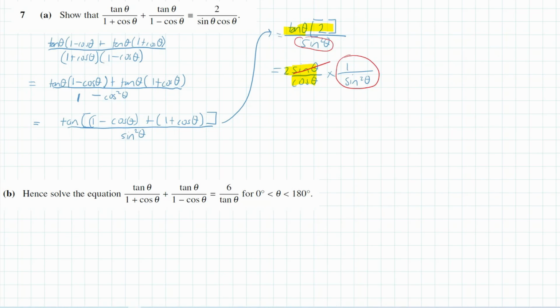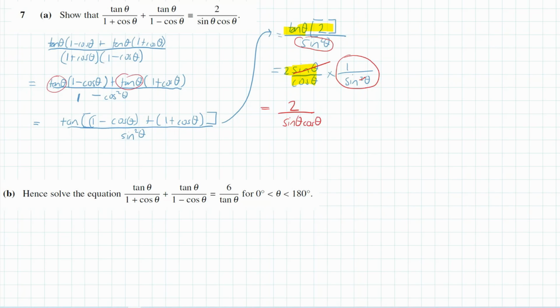One of these sine thetas can cancel out one of those, and that leaves us in our last step with 2 over sine theta cosine theta. So I think perhaps leaving these in tans for a bit longer and just dealing with my bottom part first is probably helpful in this case.